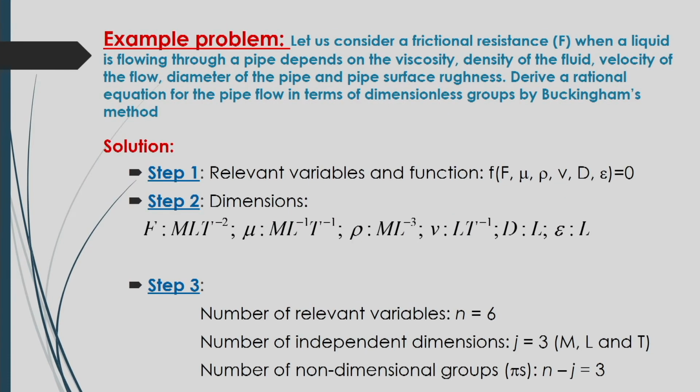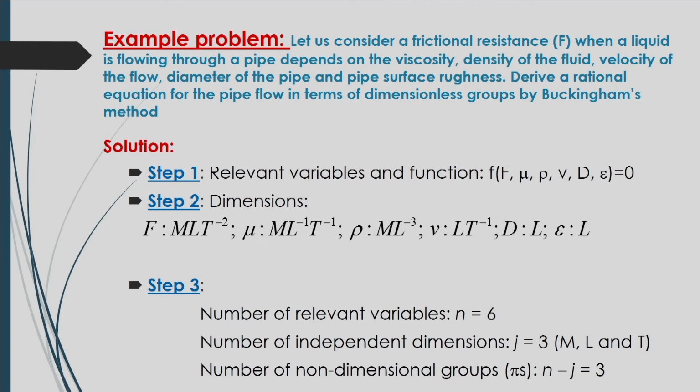Like we will do that example again based on this Buckingham pi theorem. Let us consider the frictional resistance F again, when a liquid is flowing through a pipe, that depends on the viscosity, density of the fluid, velocity of the flow, diameter of the pipe and pipe surface roughness.